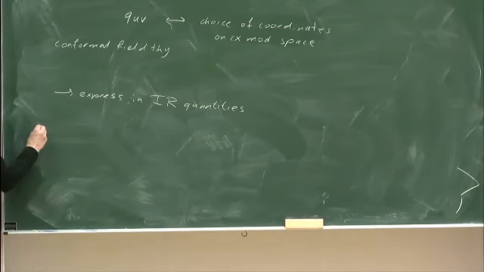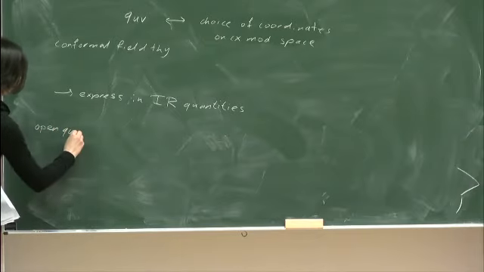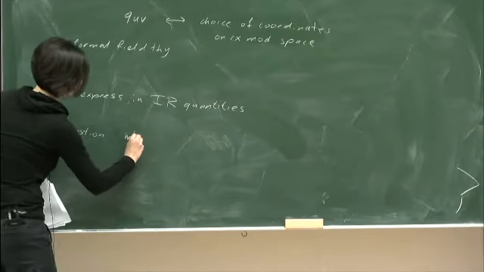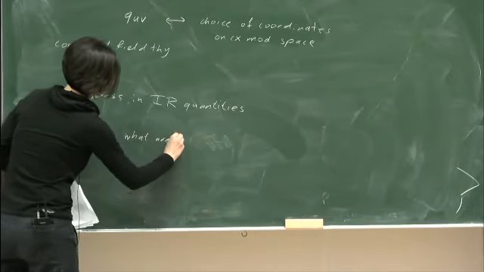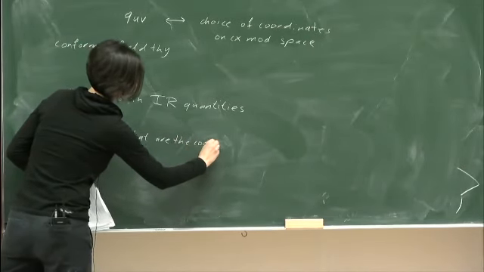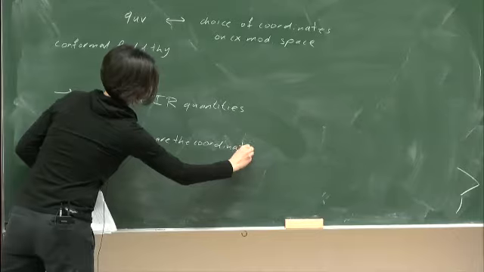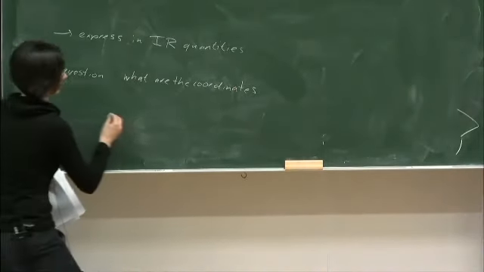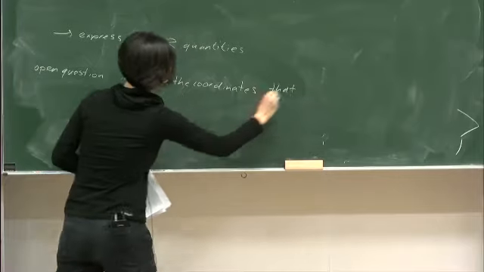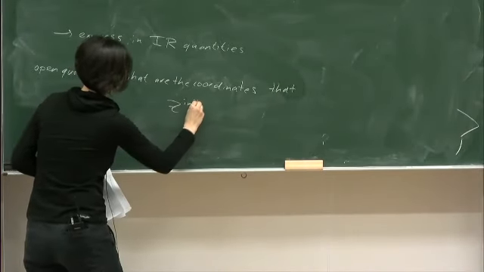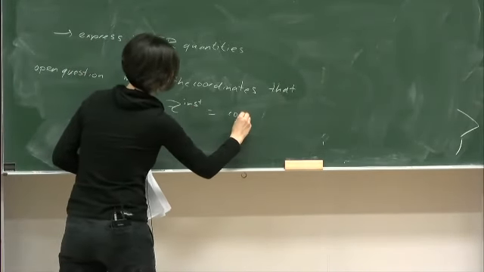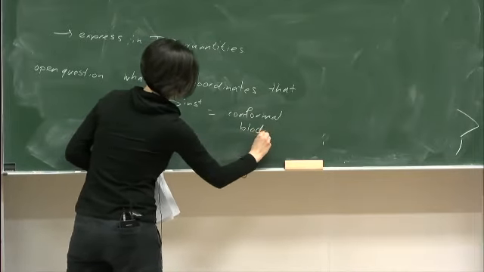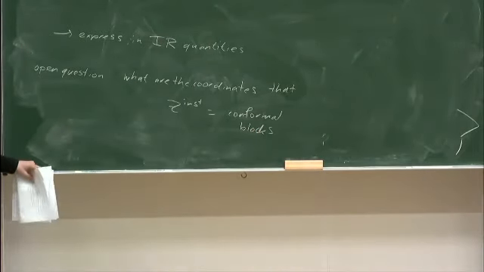So an open question is: what are the coordinates that fix this identity between instanton partition functions and conformal blocks for higher genus Riemann surfaces?